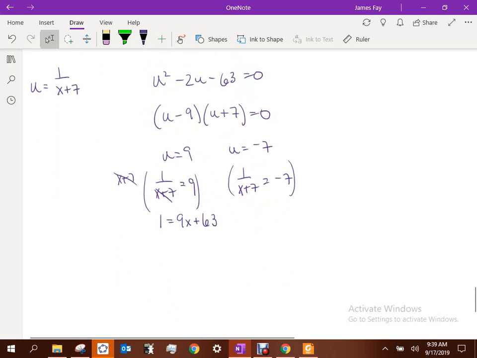Multiply here by x plus 7. It leaves me 1 equals negative 7x minus 49. So negative 62 over 9 is equal to x. And over here, 50 over negative 7 is equal to x.